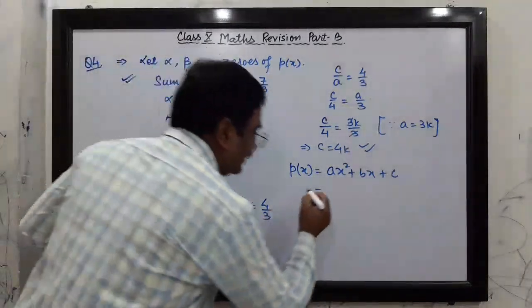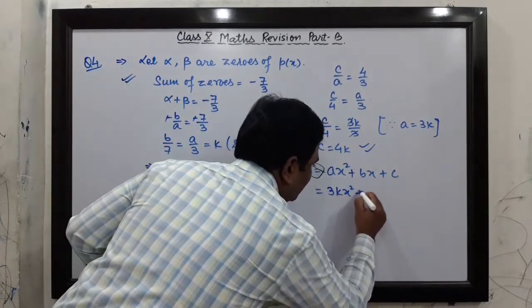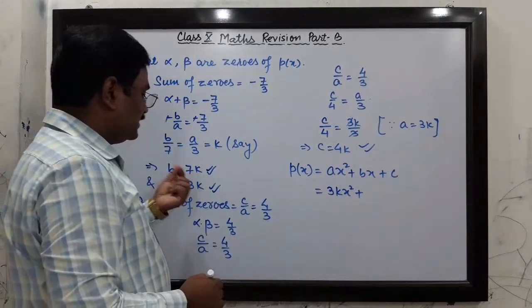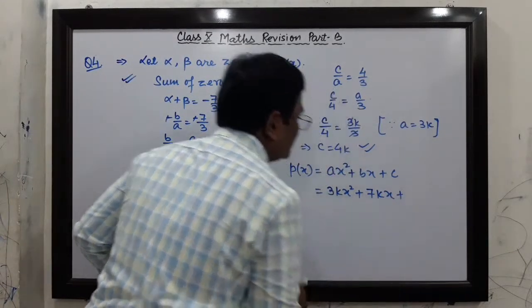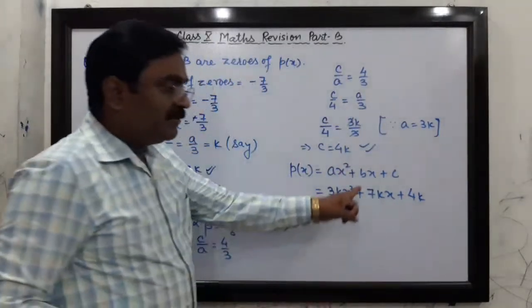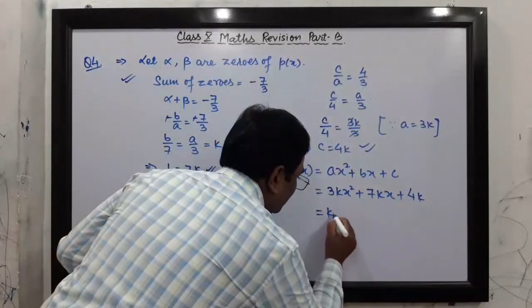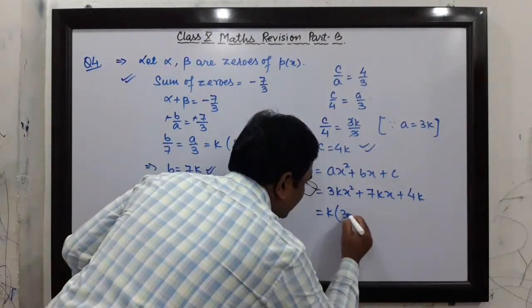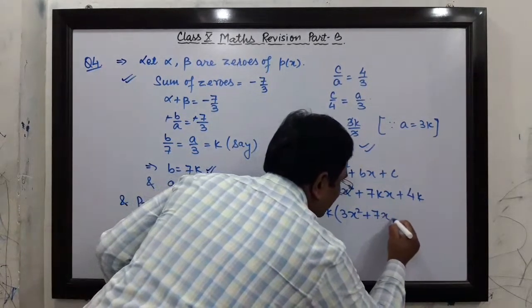A is 3k, so this can be written as 3k x square plus bx. B is 7k, so 7k x plus c, c is 4k. Is there anything common in this? k is common, so you can take it common. Then you get k into 3x square plus 7x plus 4.